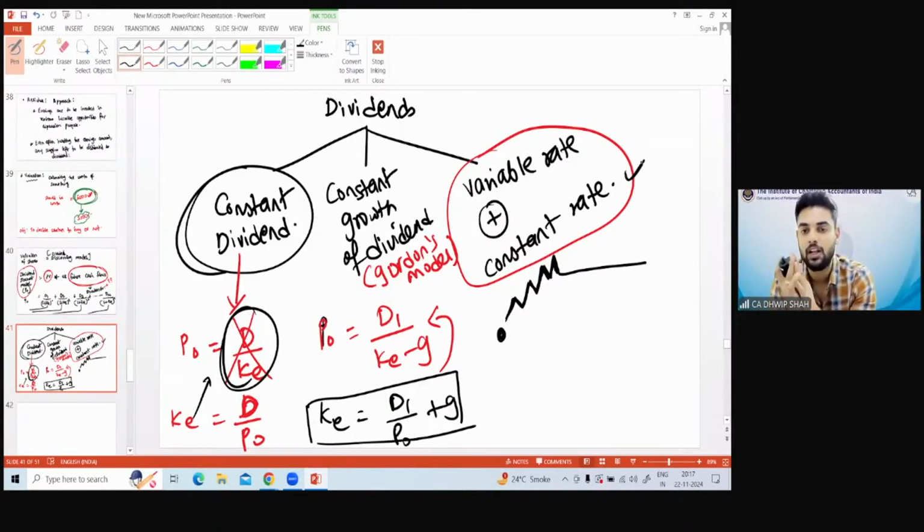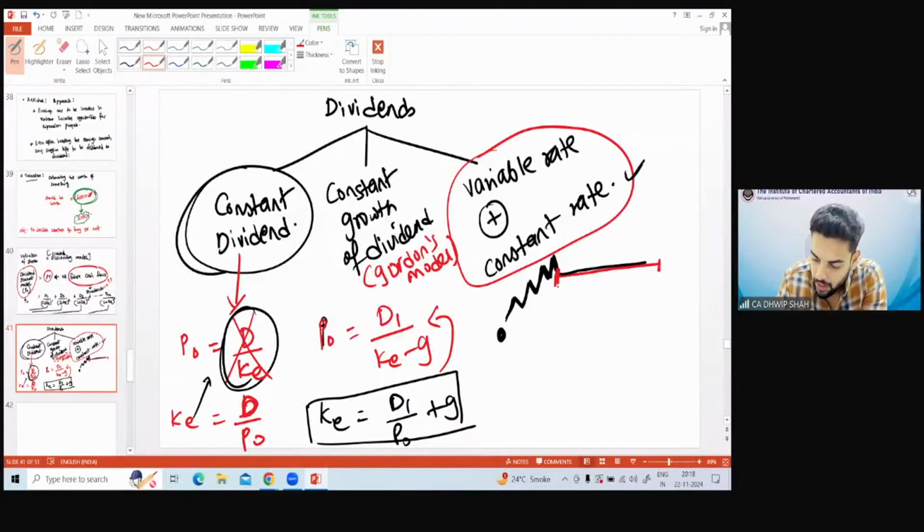Again, Gordon's model cannot be applied directly. Why? Because the Gordon model has an assumption that the growth rate should remain constant. Again, growth rate is not constant in the initial years. So we cannot apply Gordon's formula as well. But yes, Gordon's model formula can be applied from this point, because from this point onwards, growth is constant. Are you getting this?